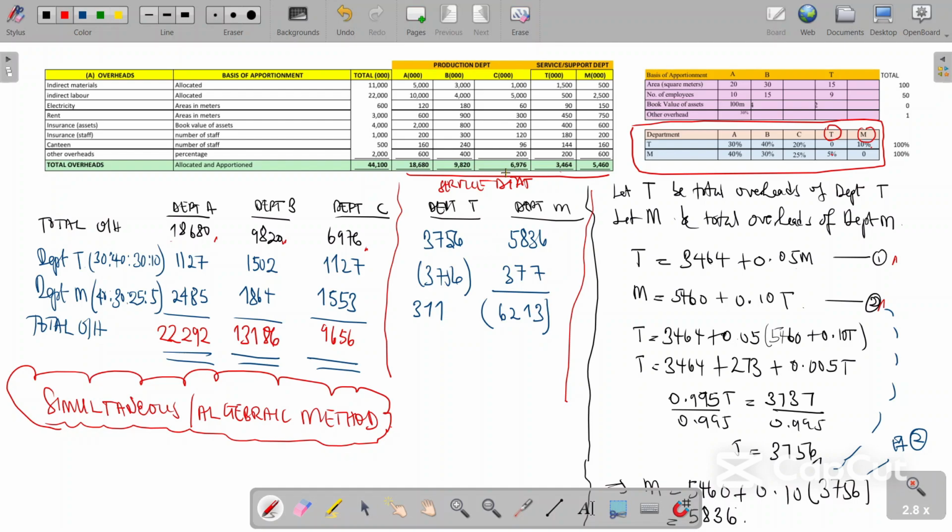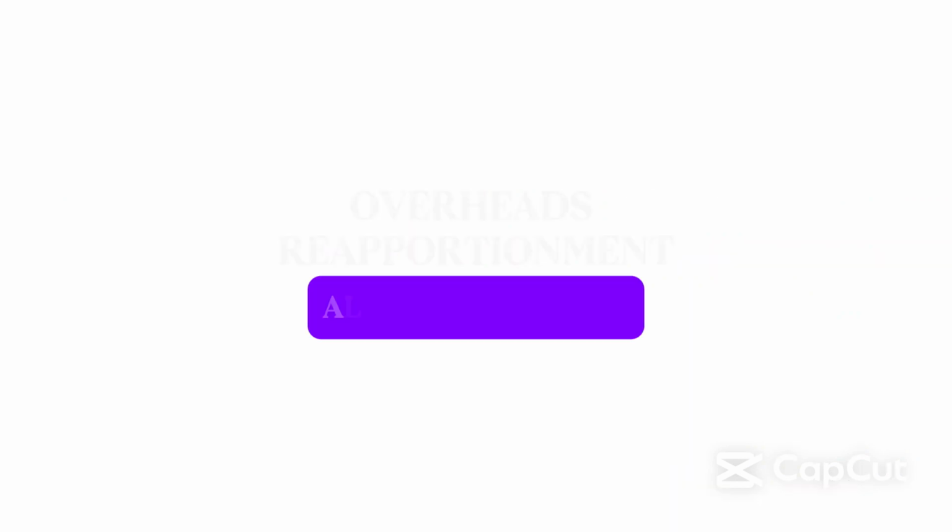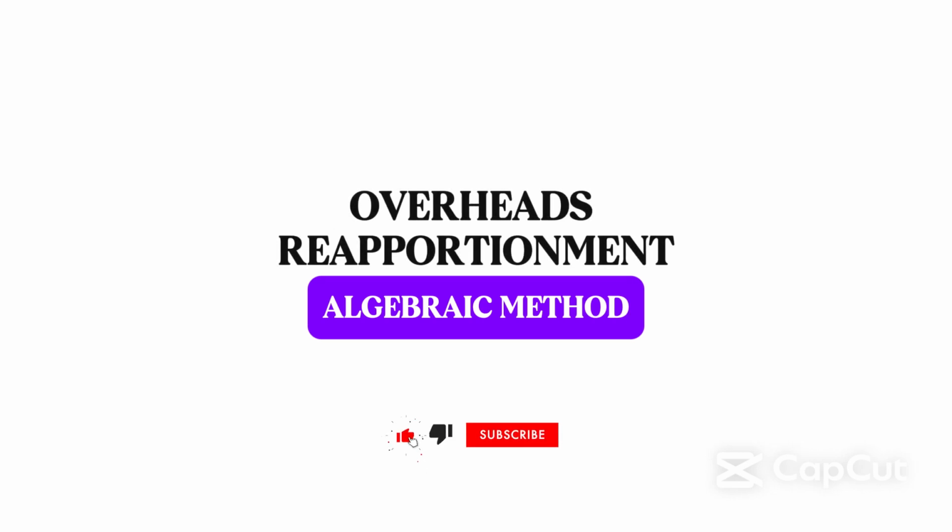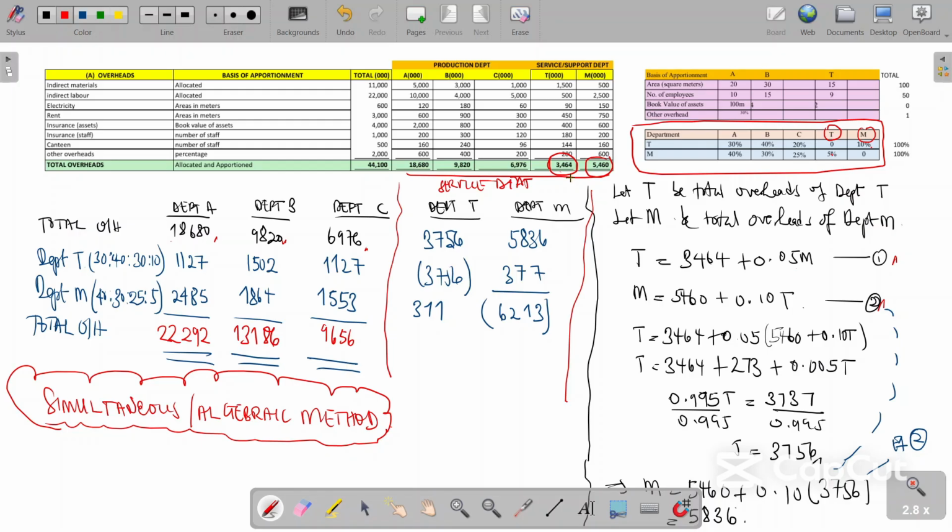Now that we have generated the total overheads for department T, which is 3464 here, and 5460 here for department M, this is not actually the total overheads that is only attributed to the service departments T and M. Remember, department T and department M also provide services to each other.